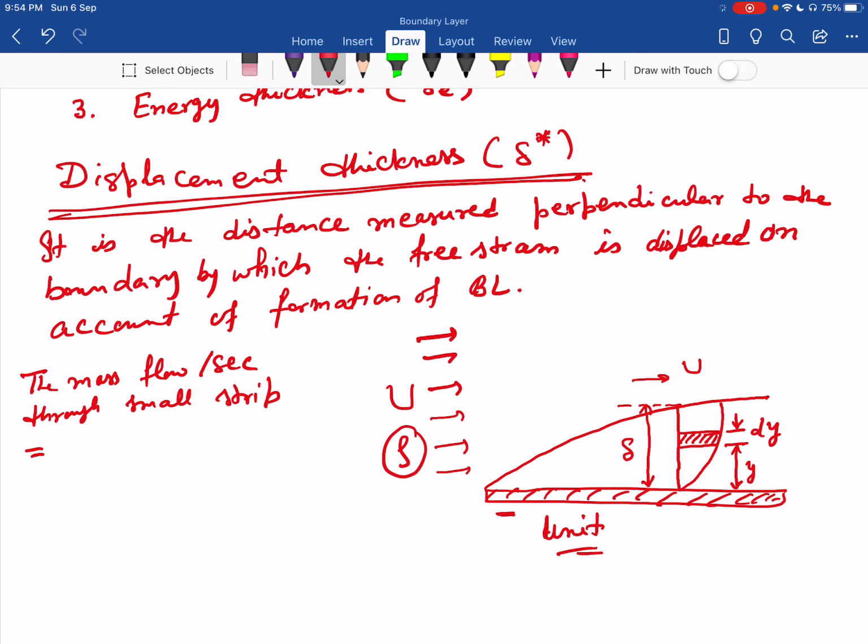Mass flow I can write as rho into area into velocity. Rho is the density of the fluid, and through this small strip the area is dy into 1.